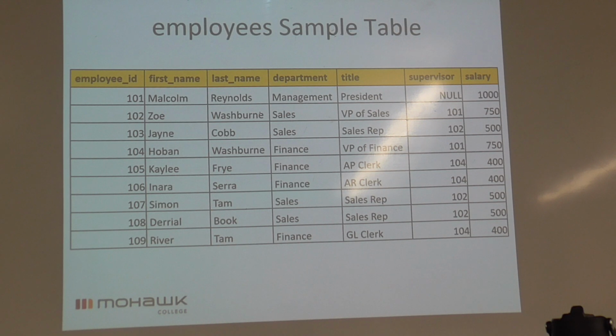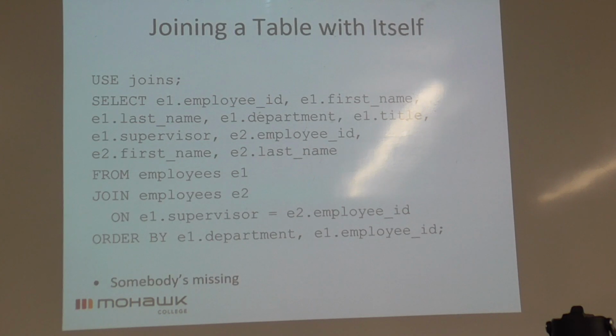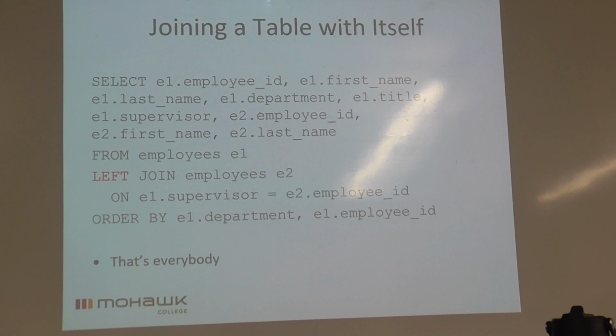So according to an inner join, the president would be left out of the table. If you want it to say president, supervisor, nobody, I supervise myself, you change it to a left join rather than just an inner join or a default join. Does this make sense? Any questions?